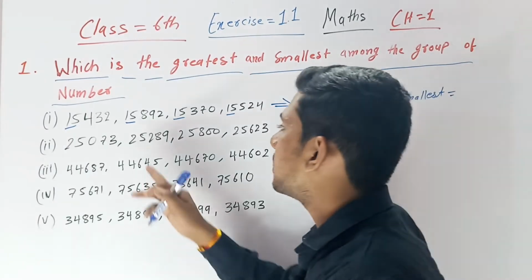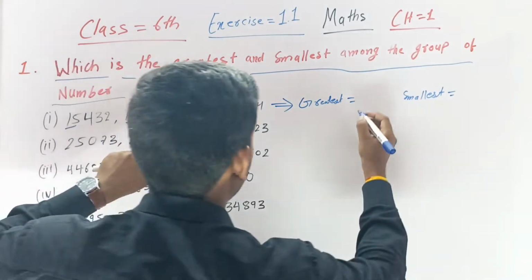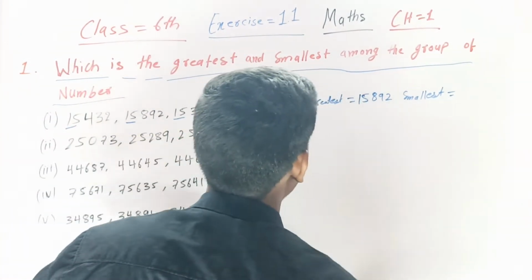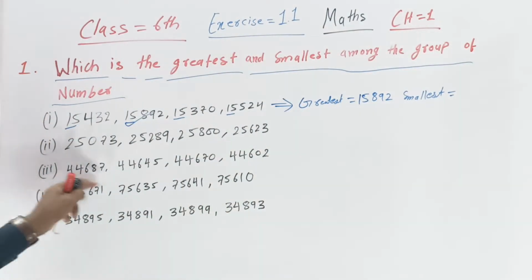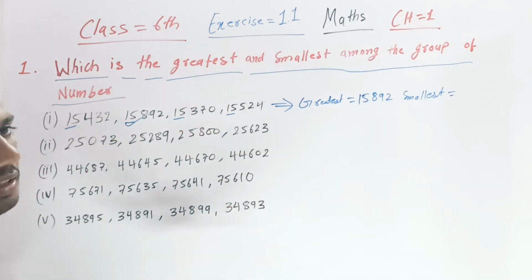So you have to write that 15,892 is the greatest. Now in this we have to find which is smaller. Everything starts with 15, the same.